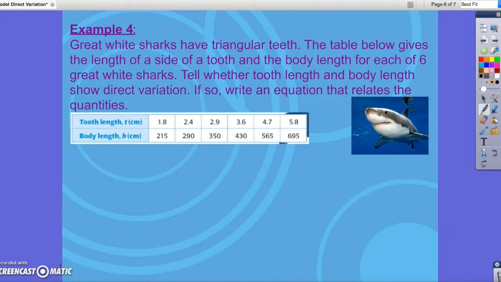So just like before we said a equals y over x, that's the same as saying, if we go back for a second, we're going to use b equals at. All right, so I'll write it over here. B, body length, equals some constant a times tooth.